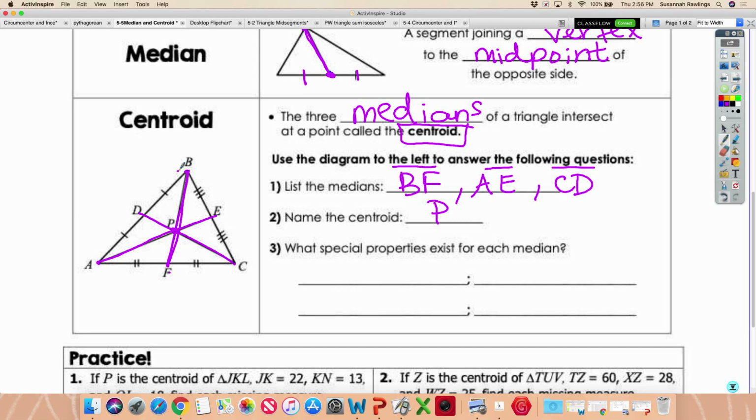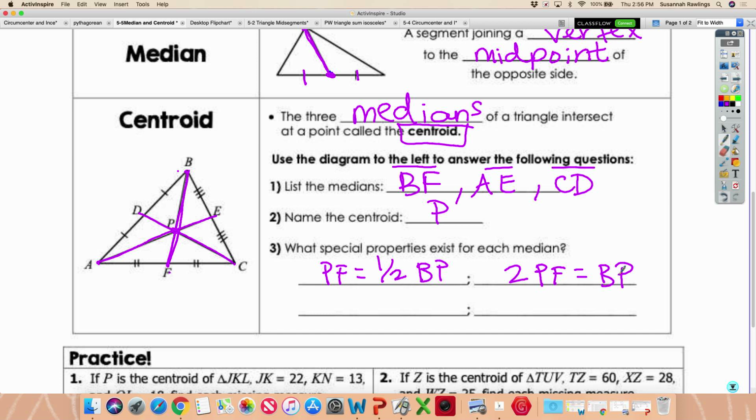I'm going to write that out. So PF is going to be half of BP. That means that BP is 2 times as big as that, just writing it in a different way. So 2 times my PF is equal to BP.